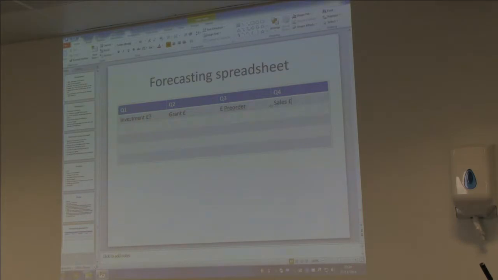So that could be a way that you might look at structuring your sales. And these are estimates, but they have to be calculated estimates, and we're going to go into how you might calculate the estimates. But this is the kind of thing you are looking for.